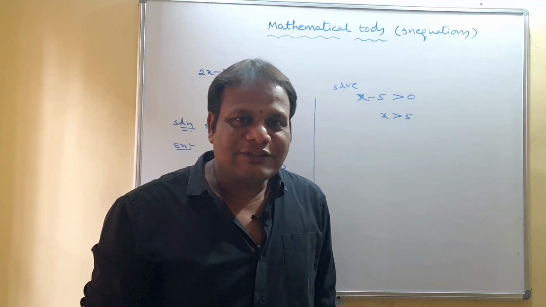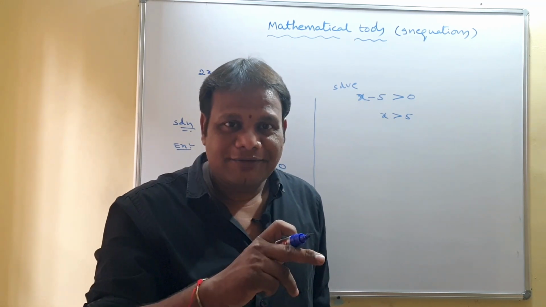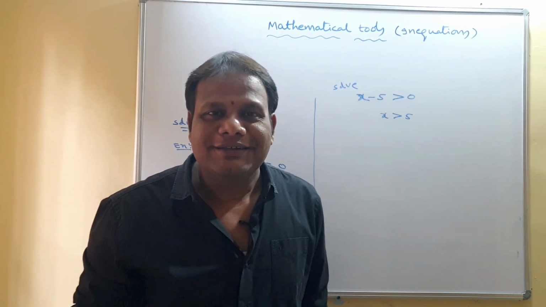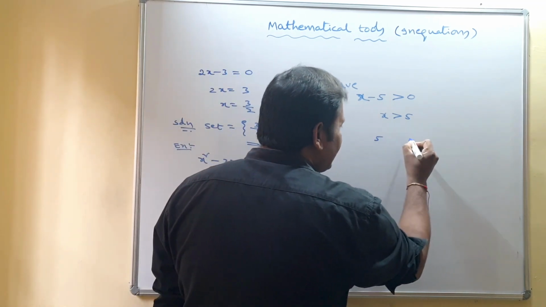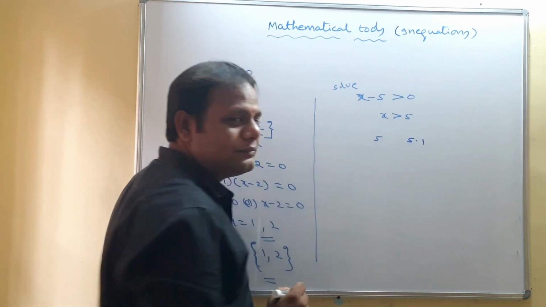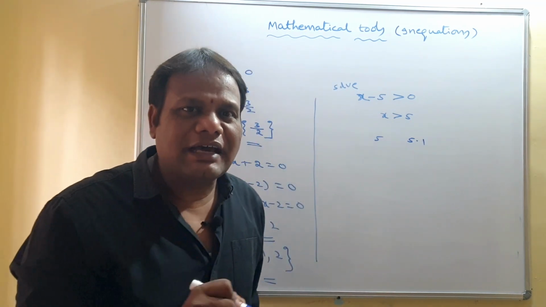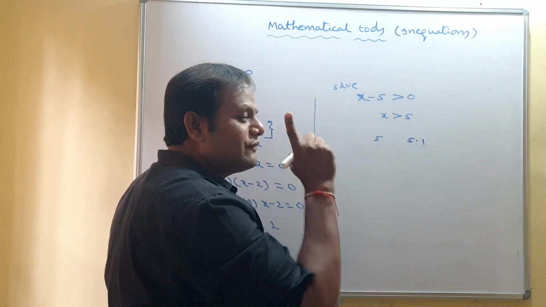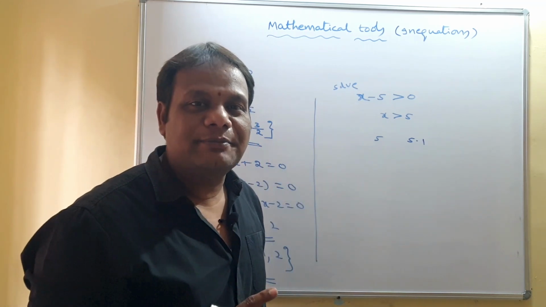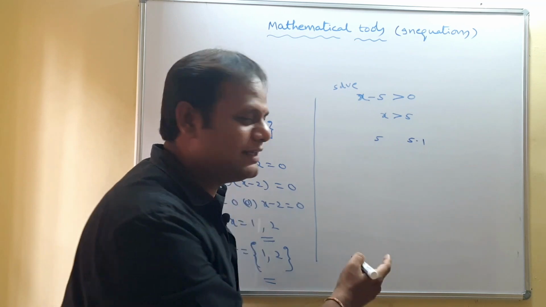Can you tell any solution less than 5.1? Yes, 5.01. Suppose I am taking 5 and 5.1. How many real numbers are there between 5 and 5.1? Infinitely many.